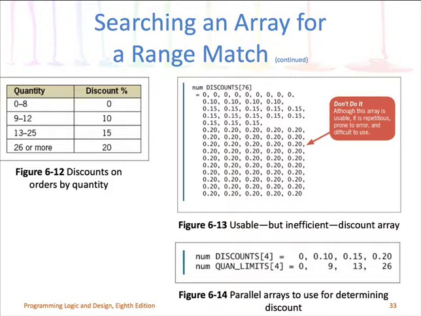So in this case, up to 9 you get a 10% discount. Up to less than 13 you get a 15. Up to 26 or below, or 26 or more, you get a 20% discount. So I guess I misread that. The limit is the starting point for the discount. So 9 or more is 10, 13 or more is 15, 26 is 20. Sorry about that.